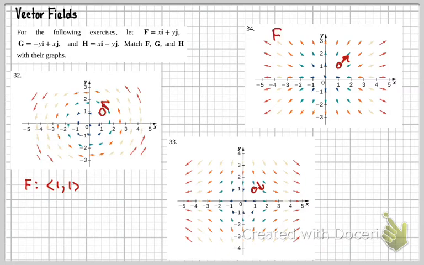And now I try the second one. G there. So G, I'm just going to write out what it is. Negative y, x. Okay, now I'm going to plug in (1, 1). So this is going to end up being <-1, 1>.